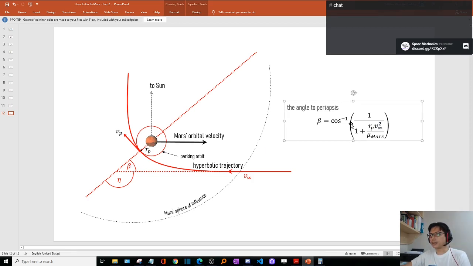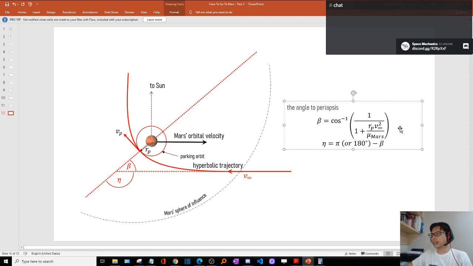So, I think I gave you a formula before if you have calculated that. Eta is just pi, or maybe you want to use 180 if you want to use degrees, pi minus beta. That's the formula.